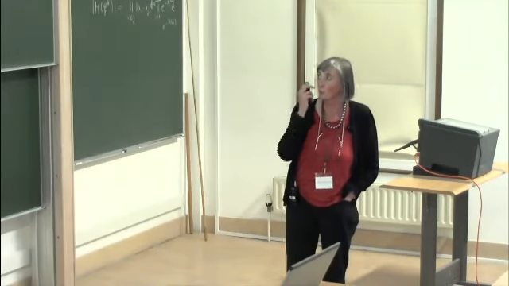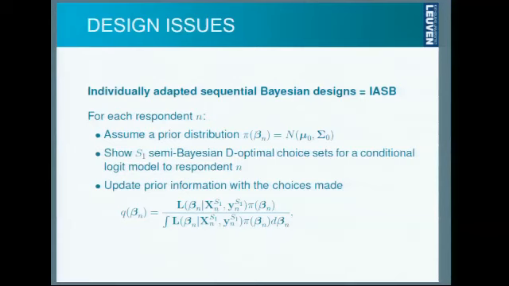We have looked at another approach, the individual adapted sequential Bayesian designs. So what we do here is not looking for just the optimal choice sets that you have to show to everybody.